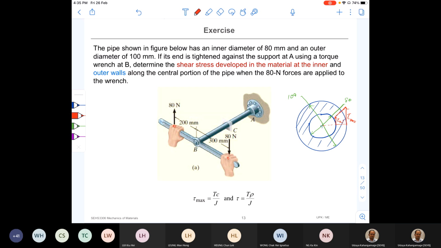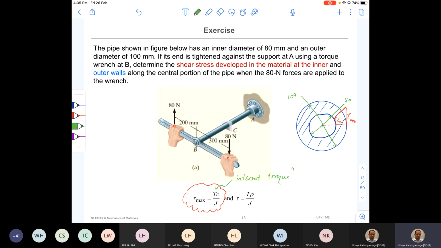Okay, right. If you want to find the shear stress, we know that we have to use this equation. And what is this T here? It is the internal torque, right? So that is what we need to find out.